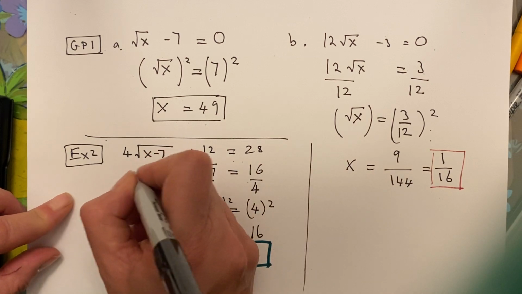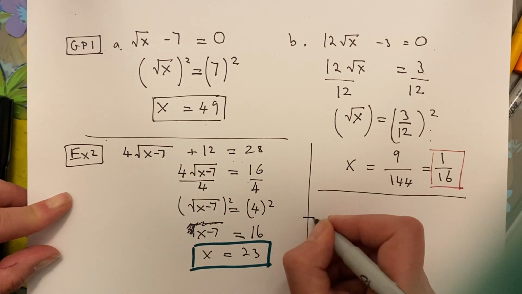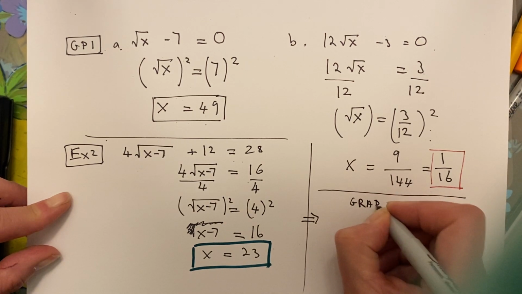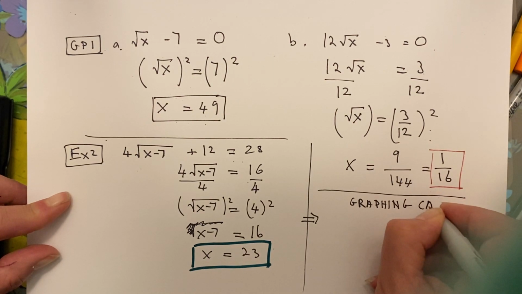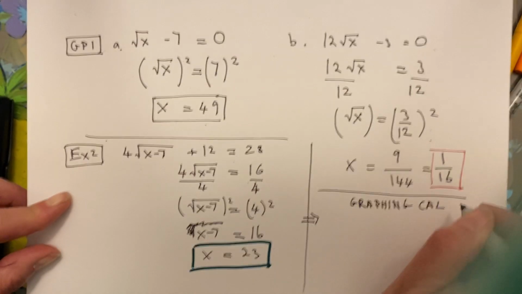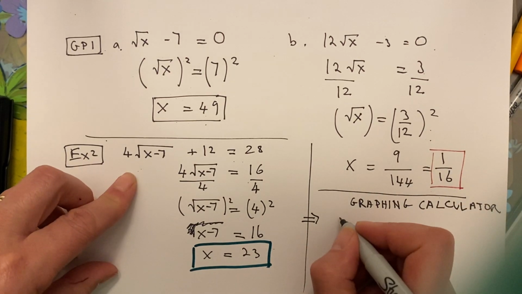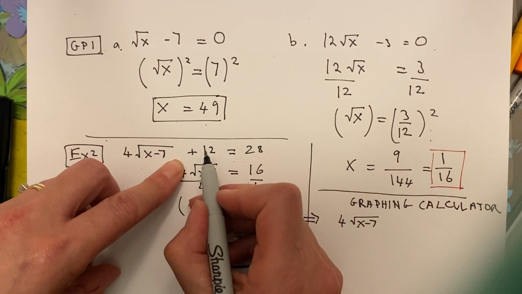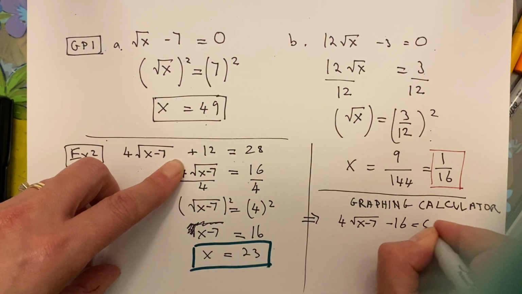So this is on Graphing Calculator just so we're clear on what I'm doing. I'm going to use the equation 4 square root of x minus 7, but I'm going to subtract 28. So I'm going to get minus 16 equals 0.